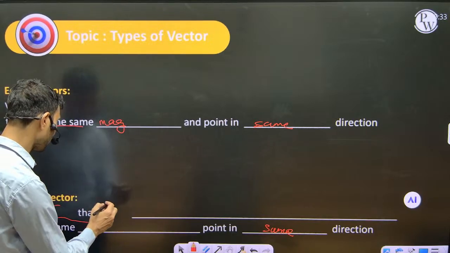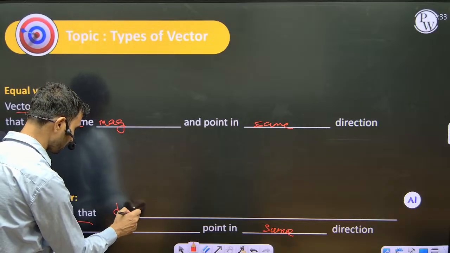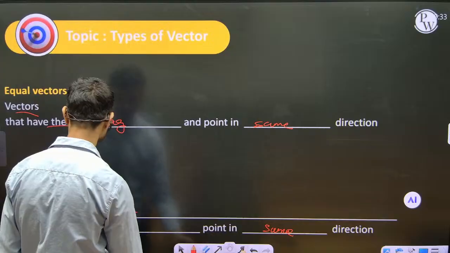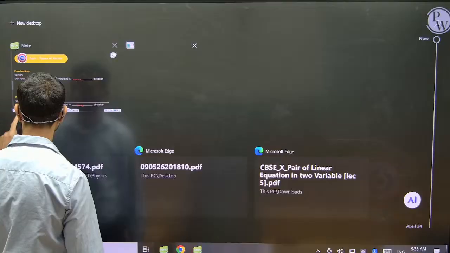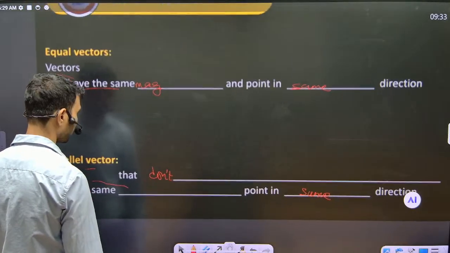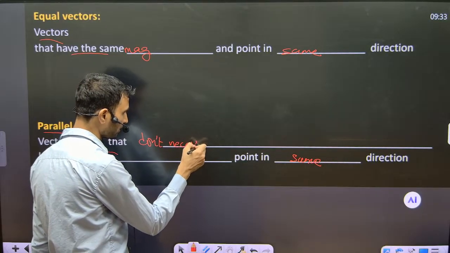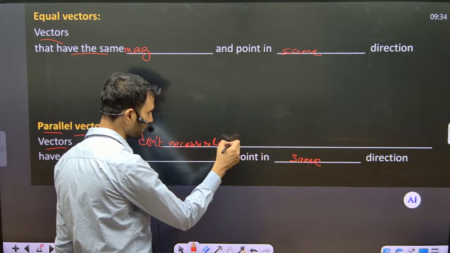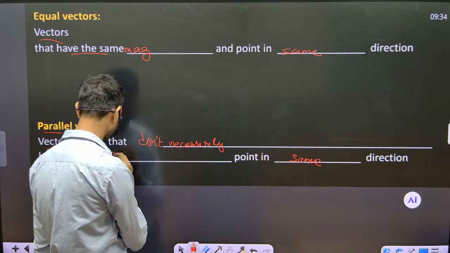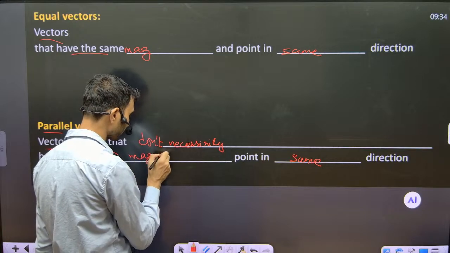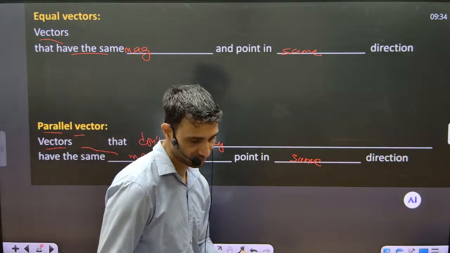Vectors that don't necessarily have the same magnitude, but they point in the same direction. Right? They are parallel vectors.